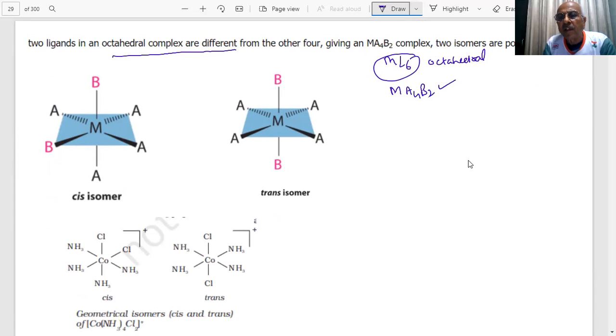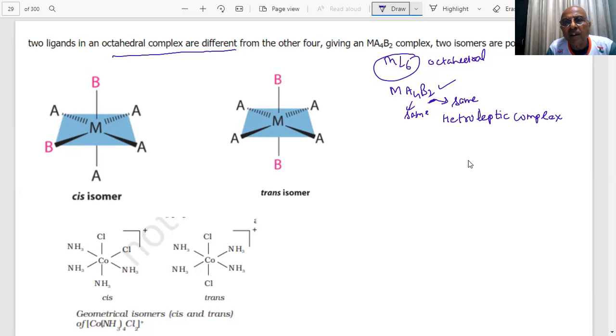Means these two ligands are the same and these four ligands are the same. These are all examples of heteroleptic complexes. We have told you what heteroleptic complexes are, student: at least two different donor atoms.